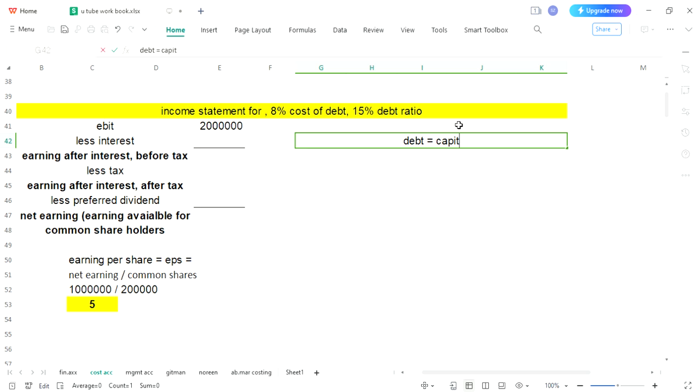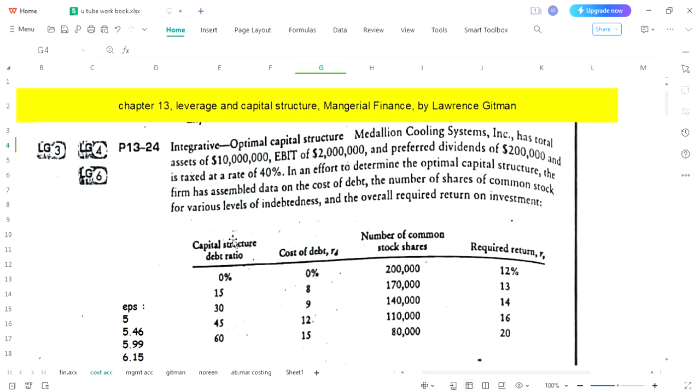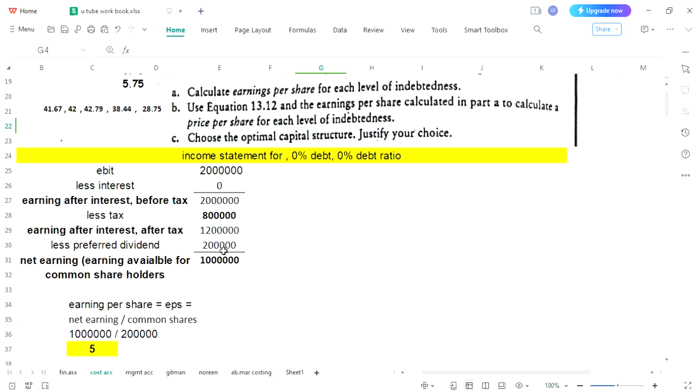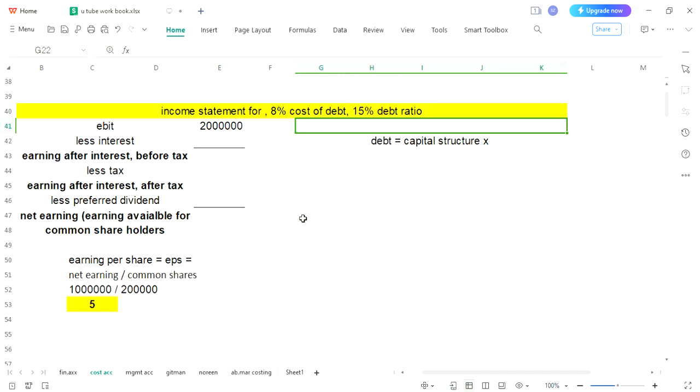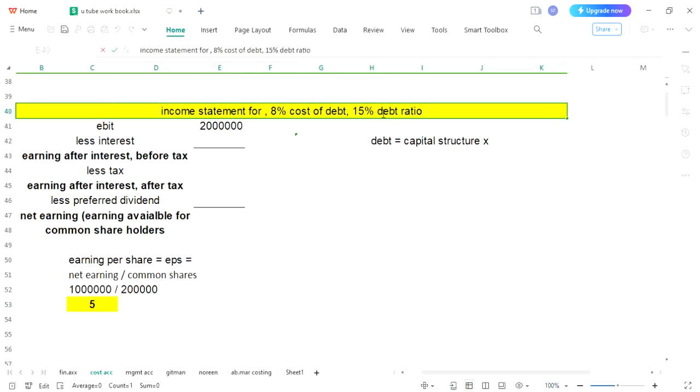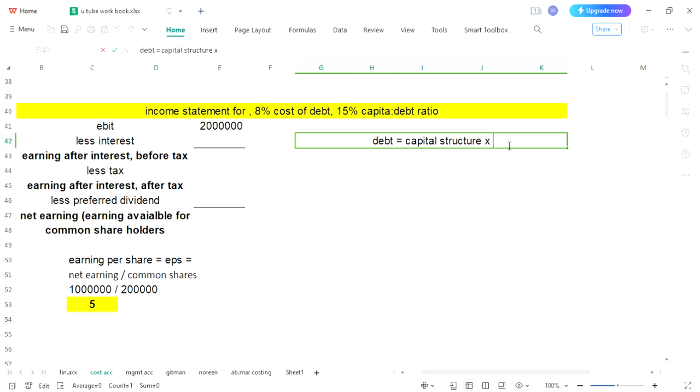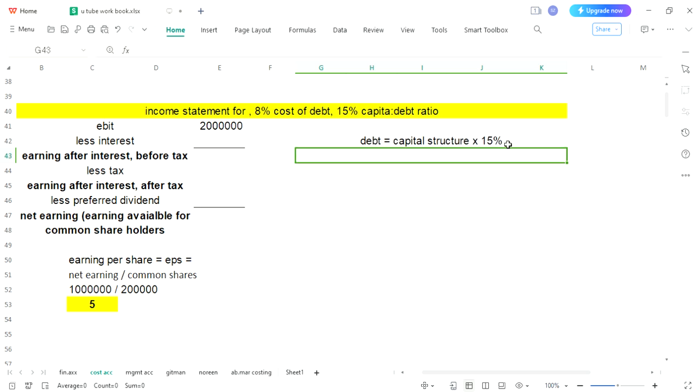Total capital structure you will take and will multiply it with 15%, as look over here, 15% is capital debt ratio. So you will calculate 15% over here. This way your debt would be calculated, and then we will calculate interest.